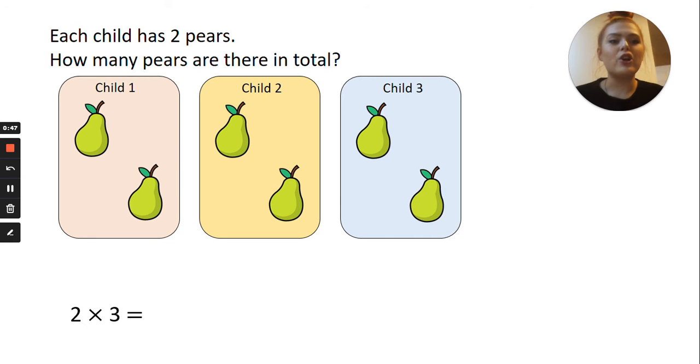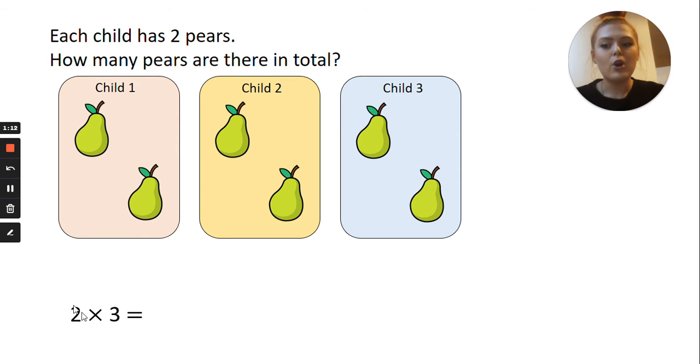Now today we're going to look at writing our multiplications in the short multiplication. So it looks a little bit like the column method. It's stacked up, but it's a way of us doing our multiplication in a nice, efficient way. So if I was going to draw 2 times 3 into the short multiplication, I would write it like this.